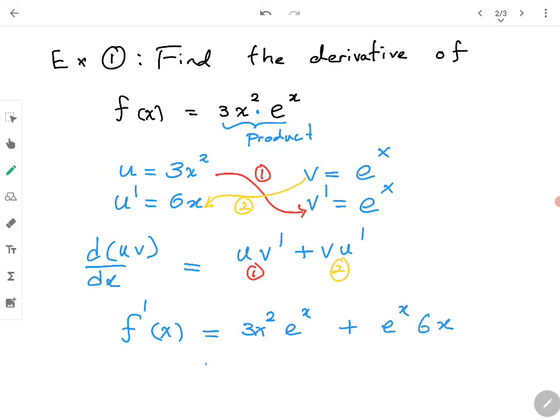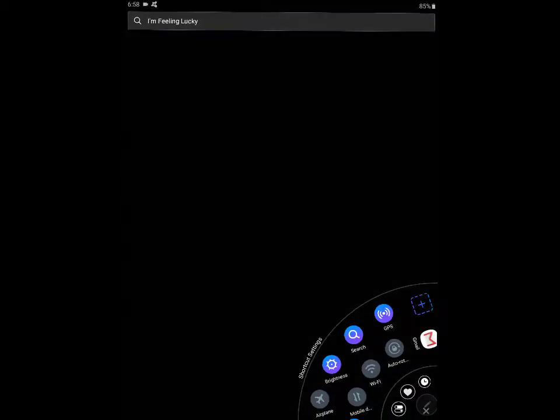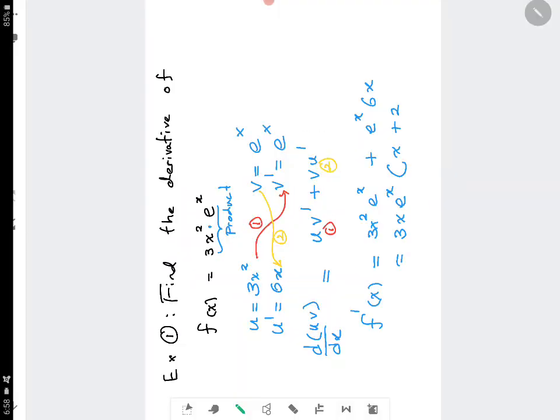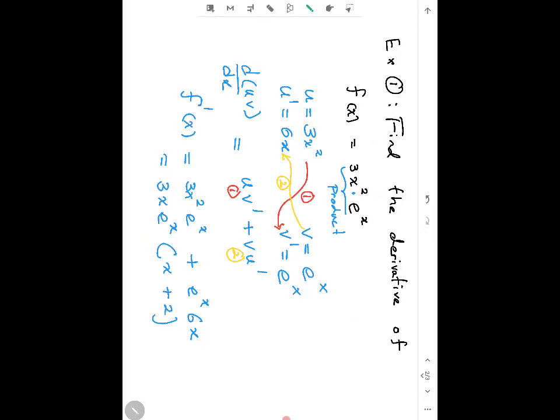We can simplify this by taking the common part out. You can take a 3, an x term, and the exponential function. Then from the first term, what's left is just x. From the second term, just 2. So that is the answer for this question.